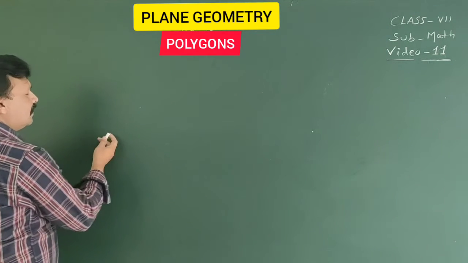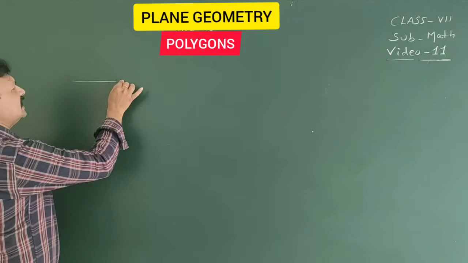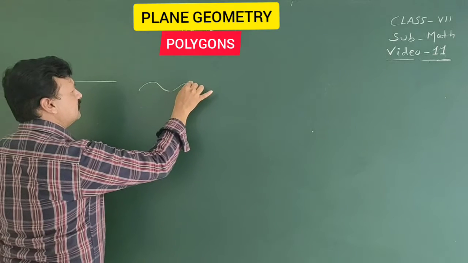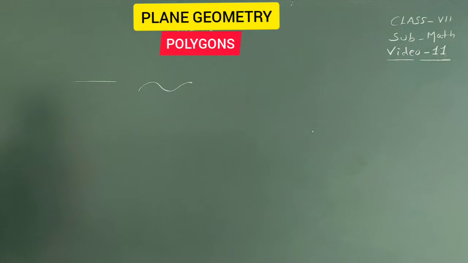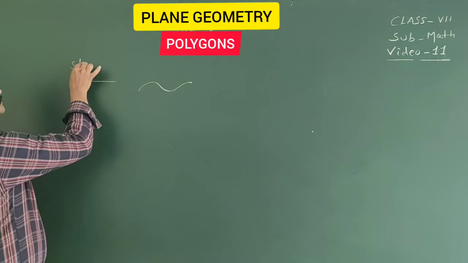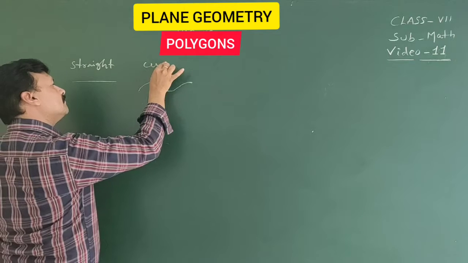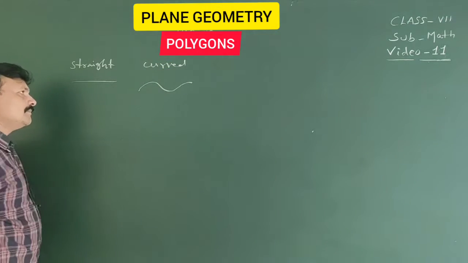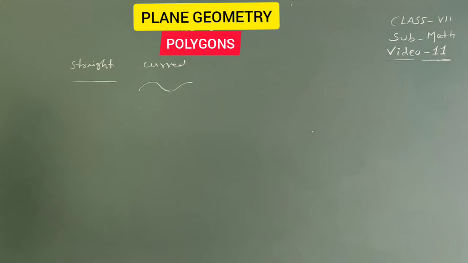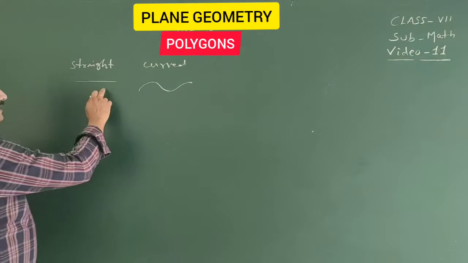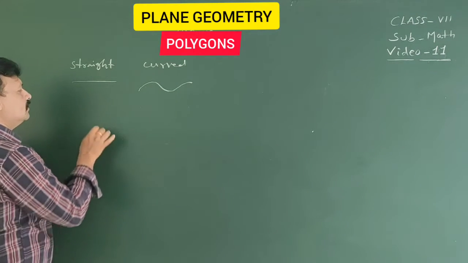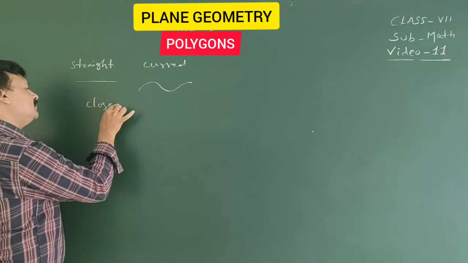lines. We have two types of lines: straight lines and curved lines. With the help of straight and curved lines, we have closed figures.